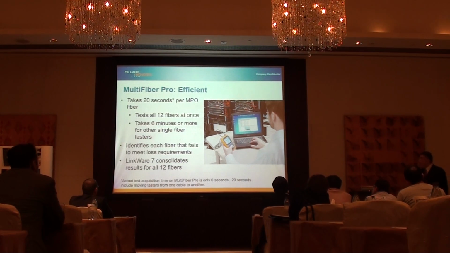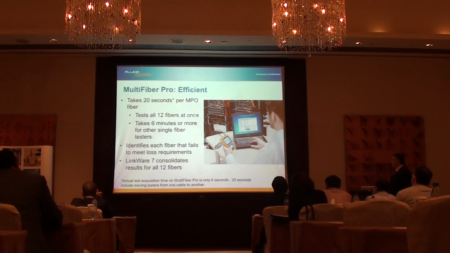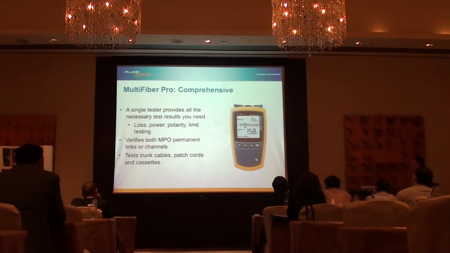Six minutes in comparison to when you want to do individual ones, because every time you have to set reference, all that stuff. Here we set reference once, we connect the MPO link, and we go home. Then it will consolidate all the results in a single document. So you can see, 20 seconds. It's very, very fast. Okay?